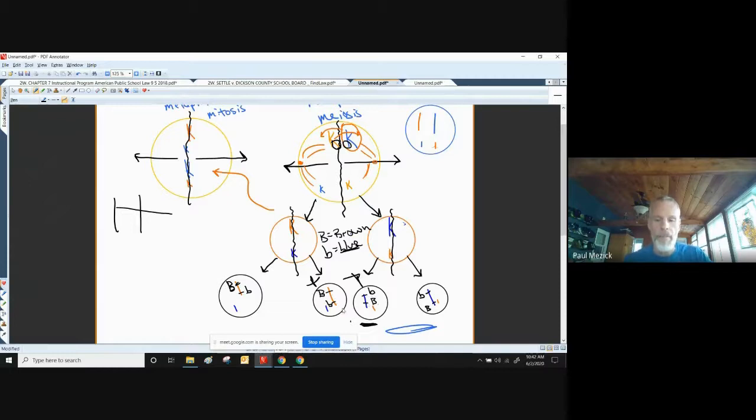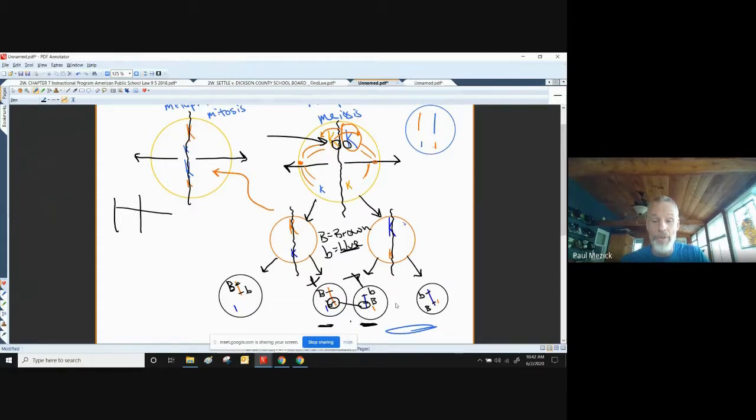Now, if they receive this one, then the child has the potential of having brown eyes, but possibly having blonde hair. What's really cool is if this crossing over occurs, which is what this is called, that means this segment would have swapped with this segment. You see?